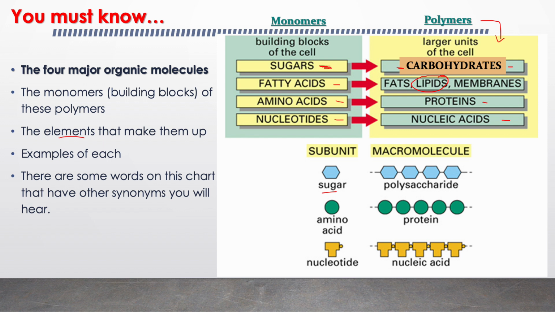Well, if you combine sugar molecules together, again, poly means many, we could have a polysaccharide. A polysaccharide is an example of a carbohydrate. Here's our single little amino acid as our monomer. Combine those amino acids into a chain, we get a protein. The nucleotide is our monomer, and it combines to make our polymer, nucleic acids.